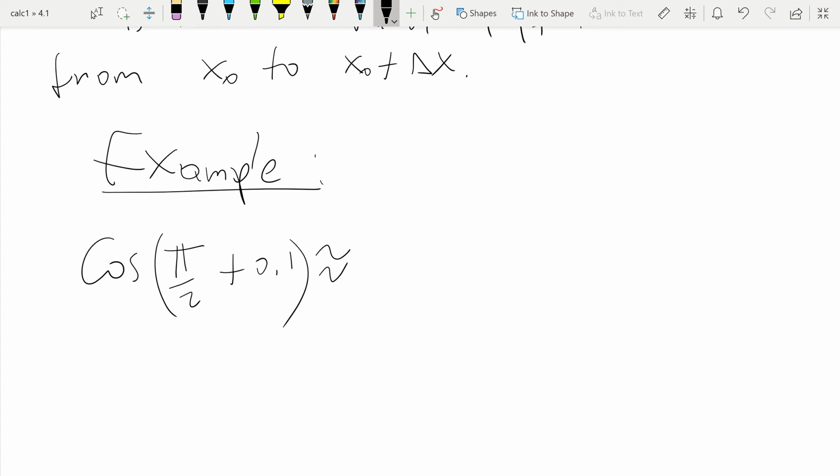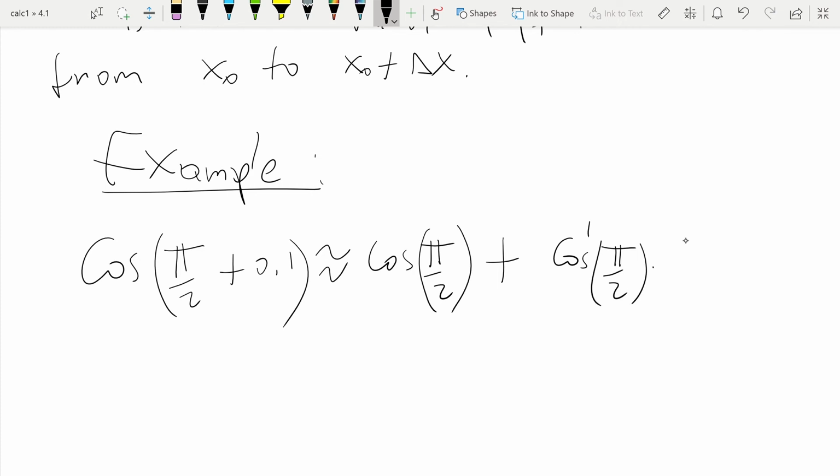If we look at the linear approximation, remember we would need the value of the function at the point, cosine of pi over 2, and then plus cosine prime of pi over 2 times pi over 2 plus 0.1 minus pi over 2.